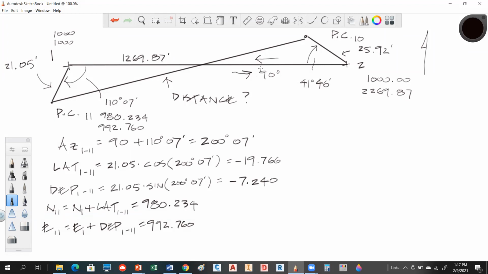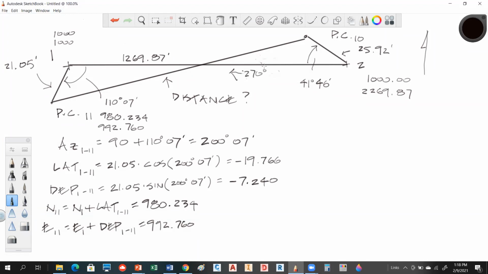Subtract or add 180, depending on if it's greater or less. Correct. So in this case, we're adding 180, right? So that flips this arrow this way. When you add 180 to 90, you get 270, which should make sense because west from an azimuth standpoint is 270. So this guy just becomes 270 when I flip it.